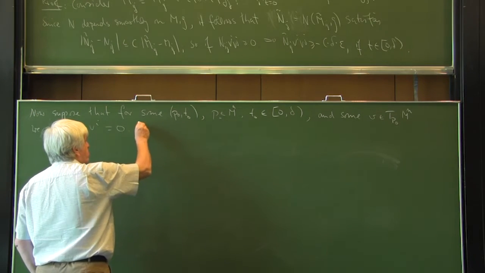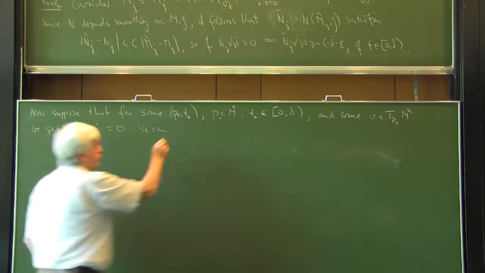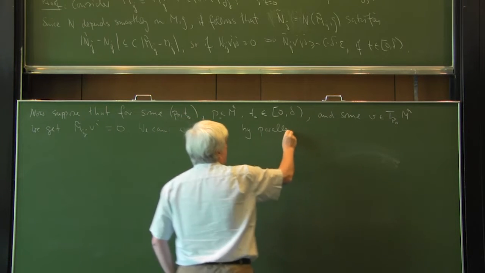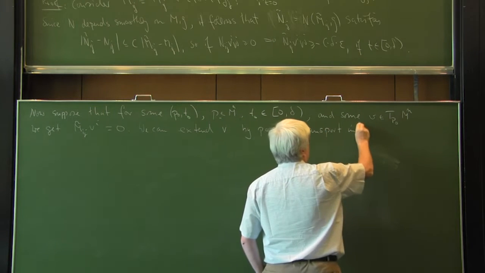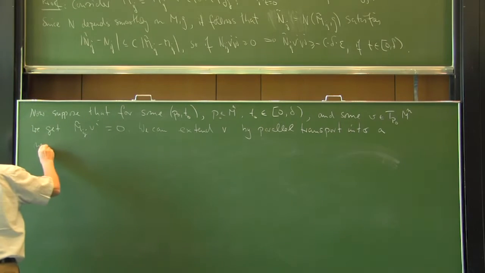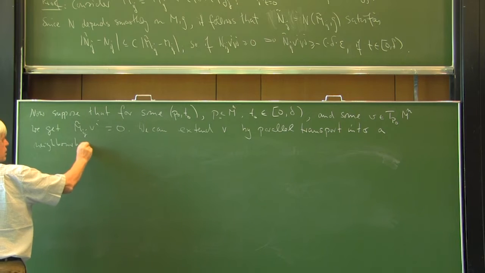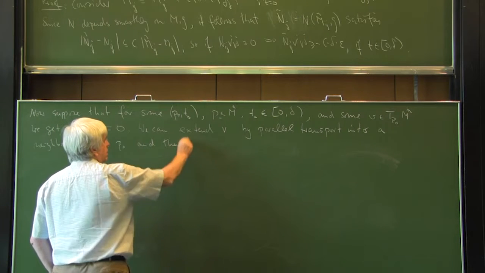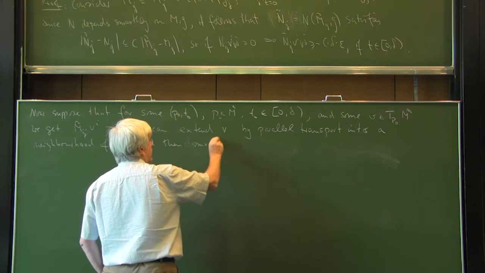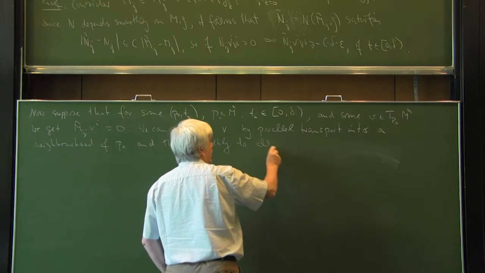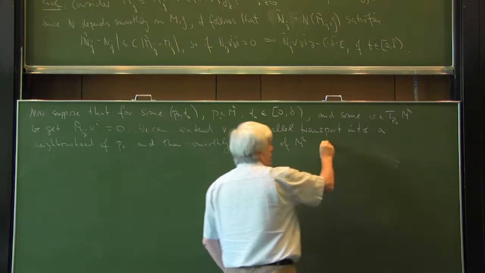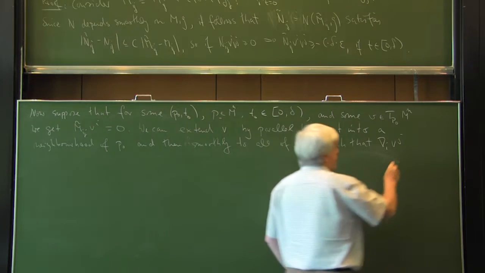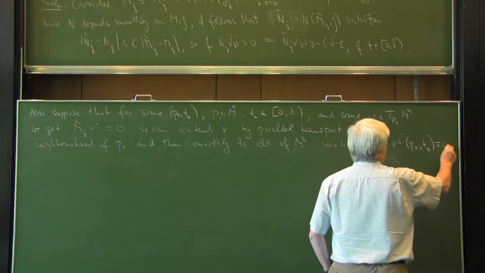Now, we can extend v by parallel transport into a neighborhood of p naught and then smoothly to all of M, such that the derivative of all components of vj taken at p naught, t naught is equal to 0.